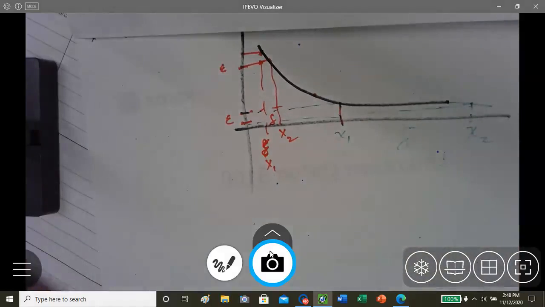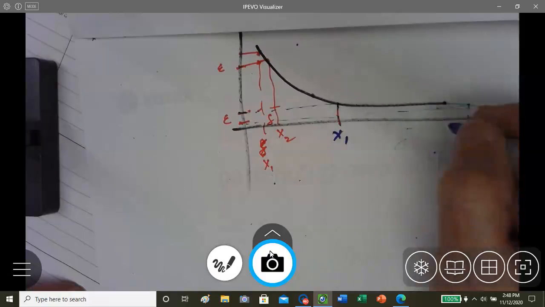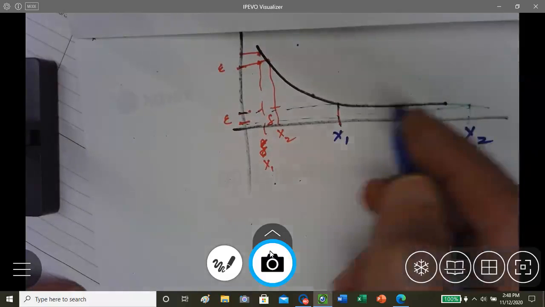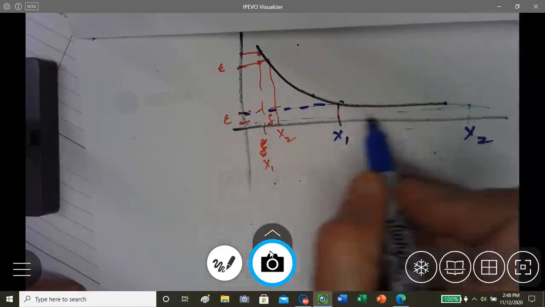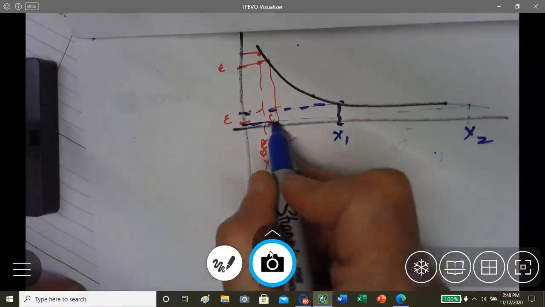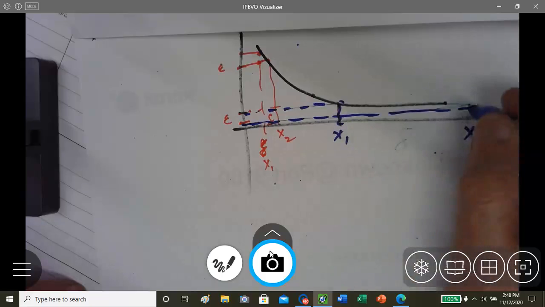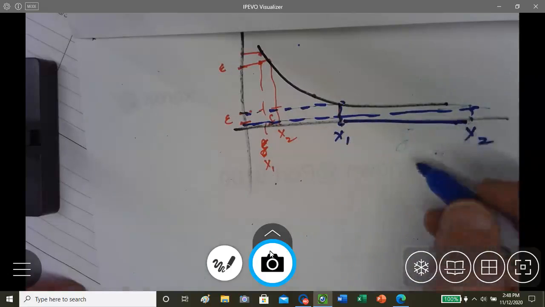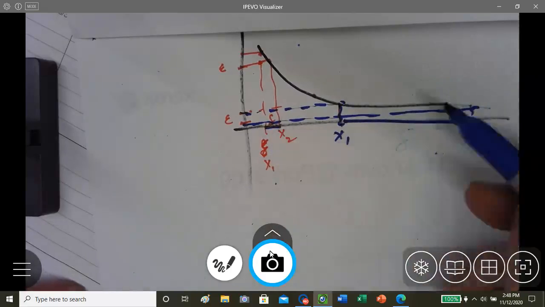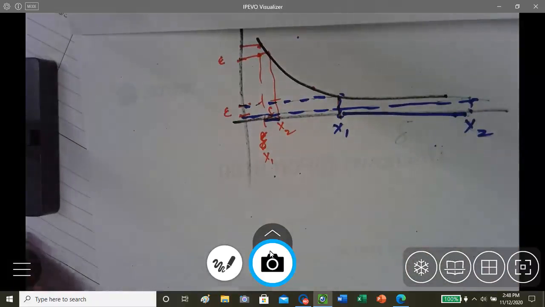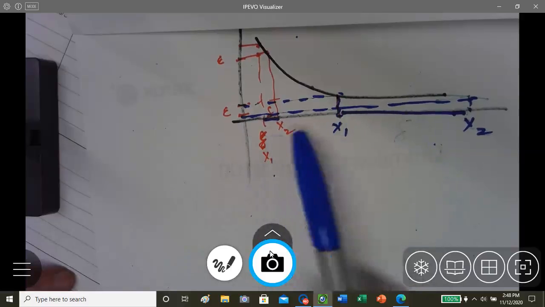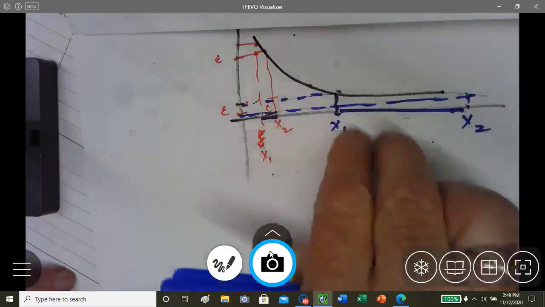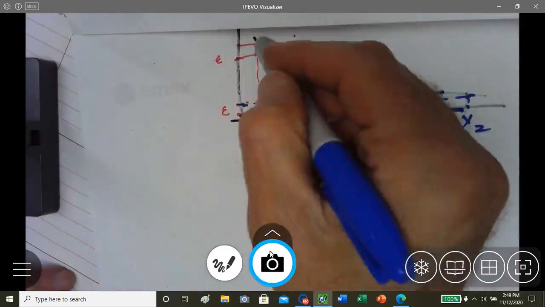You can't see that green real well. Here's x1 and x2, and then the other one. So here the delta is much larger than the other one, so therefore we do not have uniform continuity because the deltas are different between x1 and x2 in one place in comparison to epsilon.